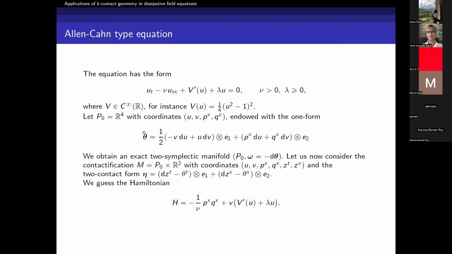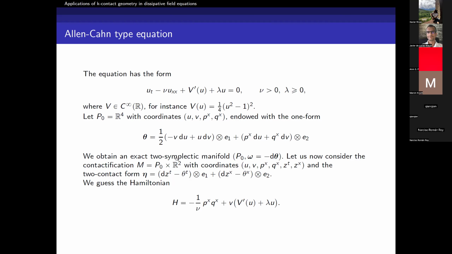So we take P0 equal to R^4. We take the coordinates and we define the differential form. We say that this one is the canonical one and this one is the basic one. And we obtain the exact two-symplectic manifold in this way, and we can contactify it.